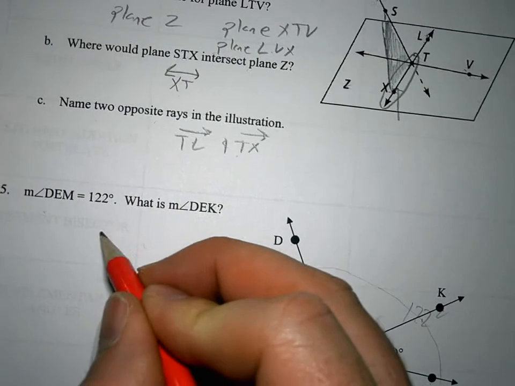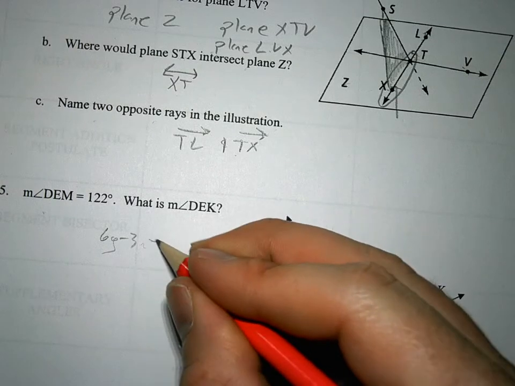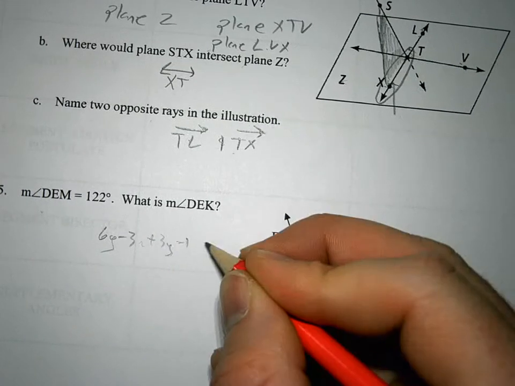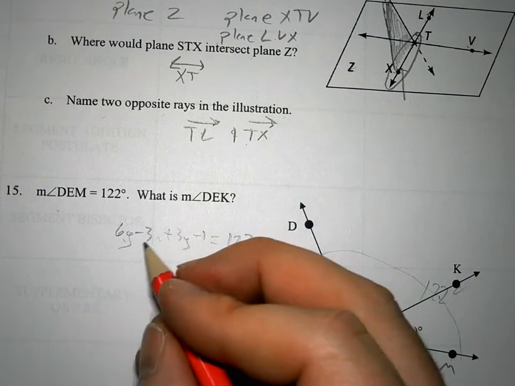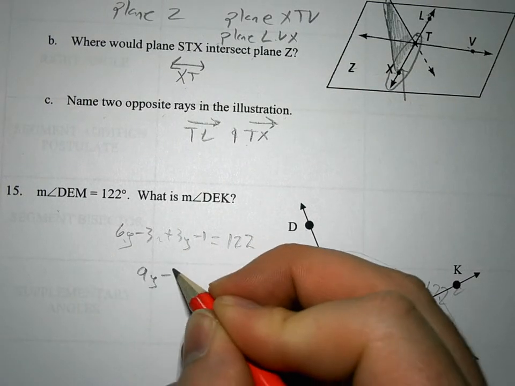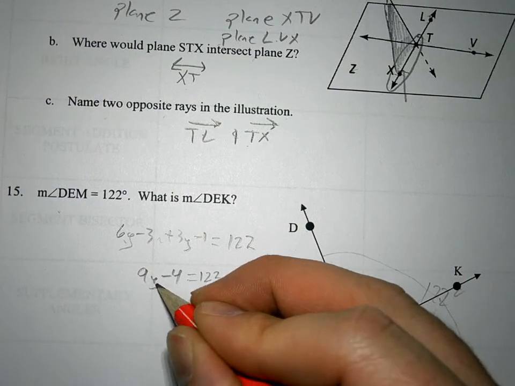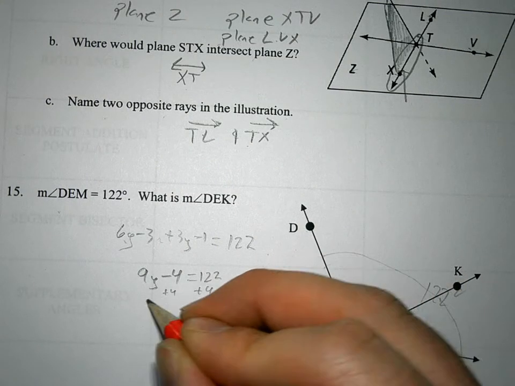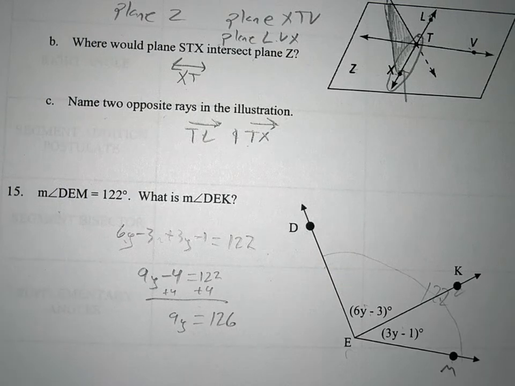So 6y minus 3 plus 3y minus 1 equals 122. Combine like terms. Add 4 to both sides, property of equality. Divide by 9 on both sides.